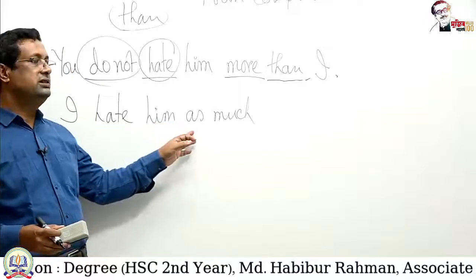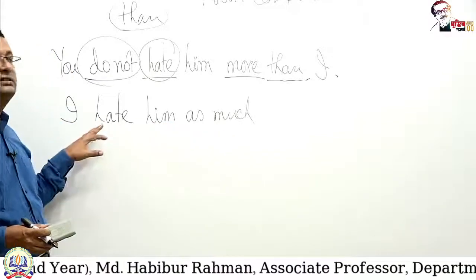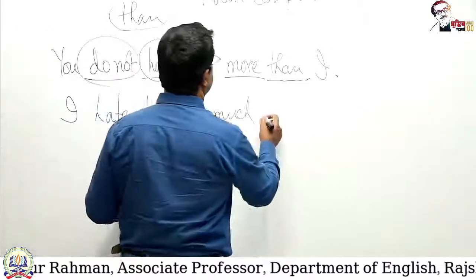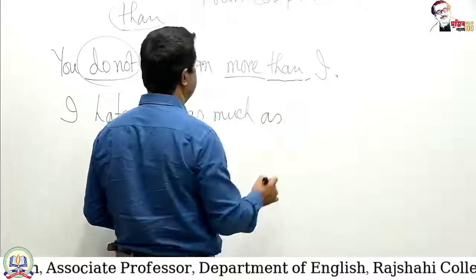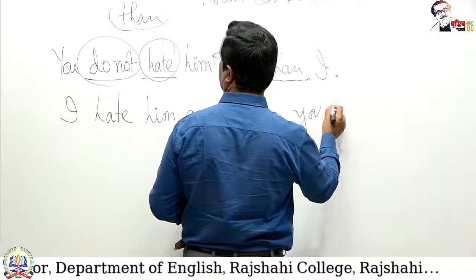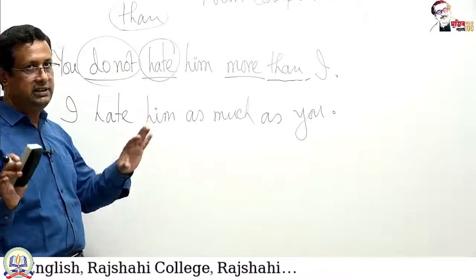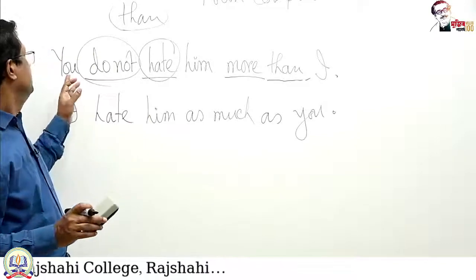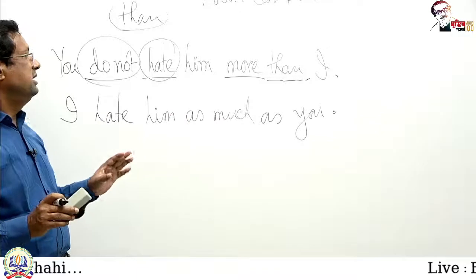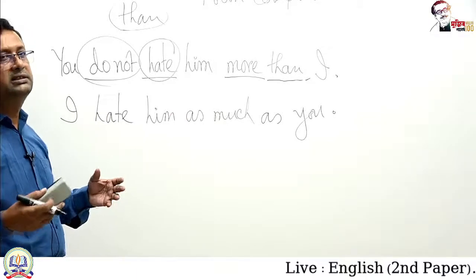We are not using so much as, we are using as much as, as the sentence is affirmative. So I hate him as much as you. You do not hate him more than I. Actually, two persons hate the same person. One is you, another is I. Both hate a person actually in the same way.